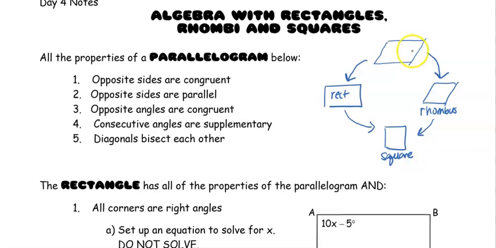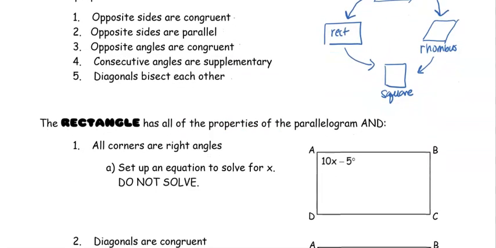So that's why these properties of the parallelogram are still really important, because all 5 of these properties are going to be transferred to the rectangle. So opposite sides are congruent, opposite sides parallel, opposite angles congruent, consecutive angles supplementary, and diagonals bisect each other. Those are going to come into play.